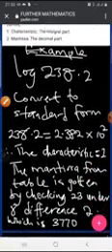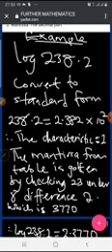Then you see this is an example. You have to find the logarithm of 238.2. Now, if you convert this number to standard form, mind you, standard form is to convert a number to a decimal after the first whole number. The first whole number here is 2, so we have to move this point behind 2.